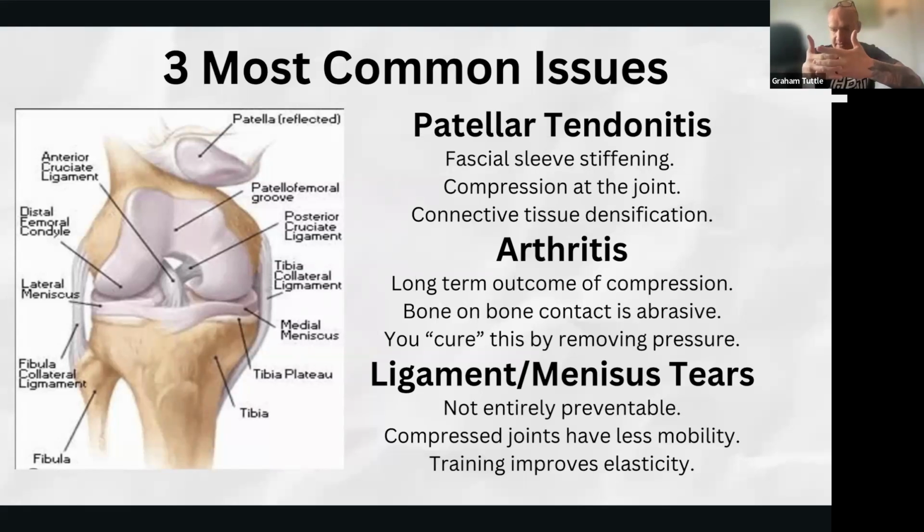Those holes in some capacity still remain, but imagine your fingers getting stiffer and stiffer. And so that creates a snowball loop where not only is the fascial sleeve stiffening, it's also densifying. And so that creates, in a non-pliable, non-productive way, a stiffer, less resilient joint.